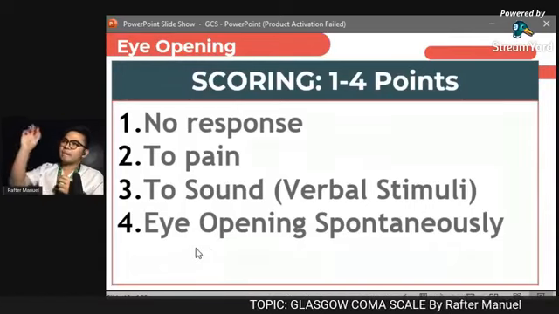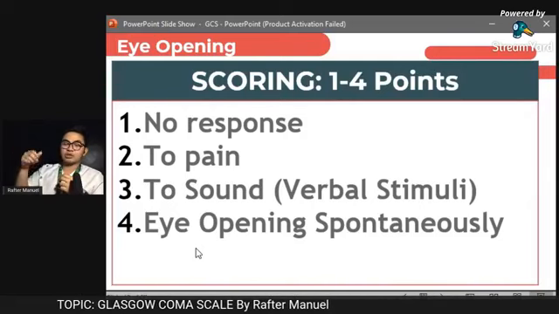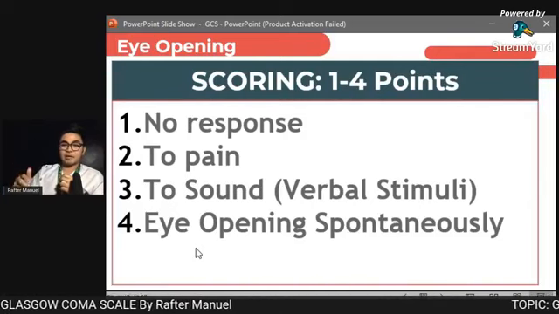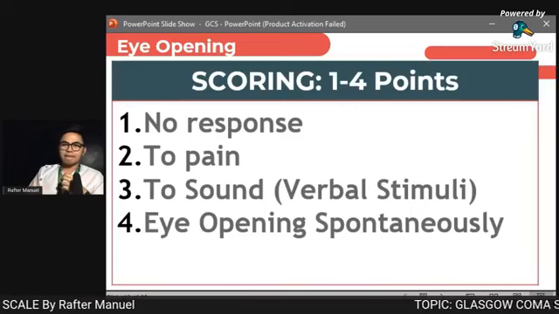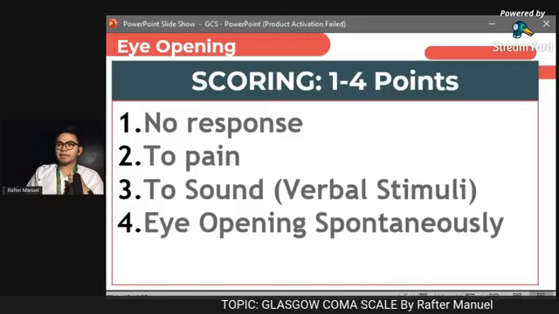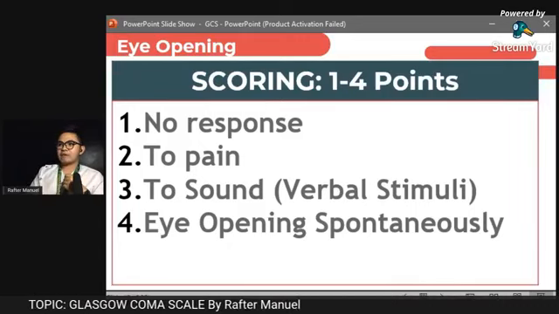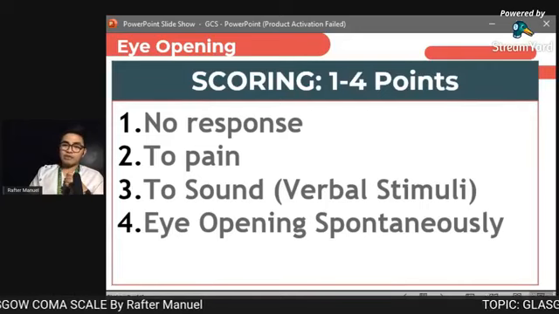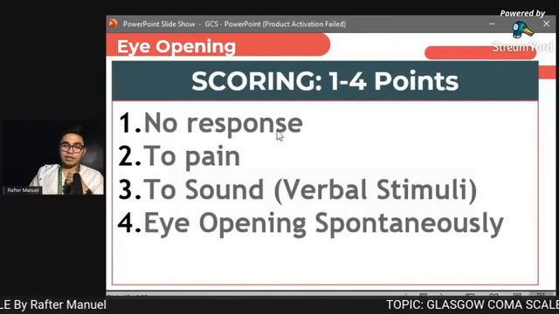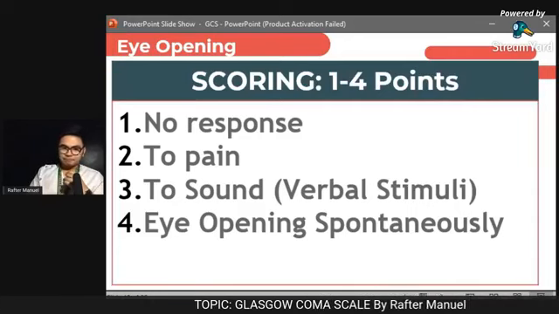Why? Because the patient opened his eyes or her eyes because I introduce a painful stimuli to him or to her. Okay? So we need to take note of the limitation in the eye opening. The patient may have an eye injury. The patient may have swelling around his or her eyes. So just take note of the limitation.